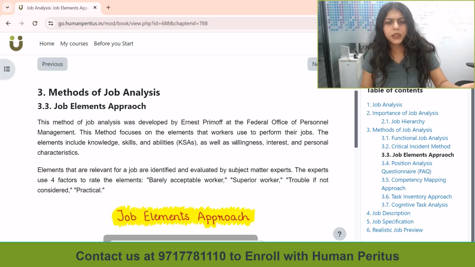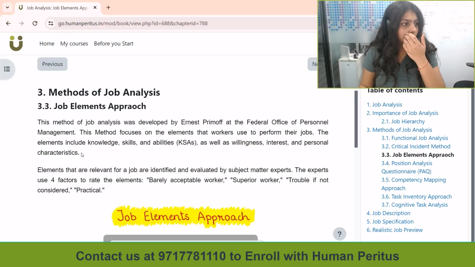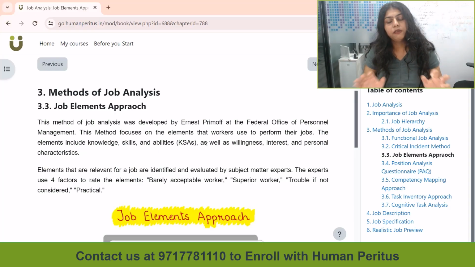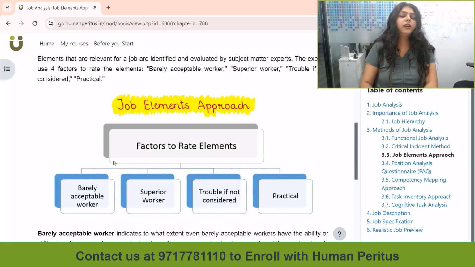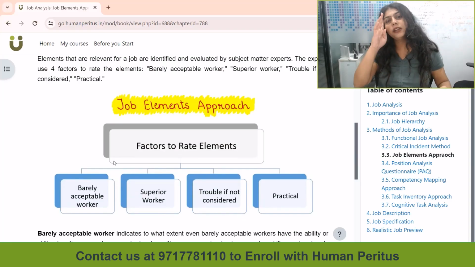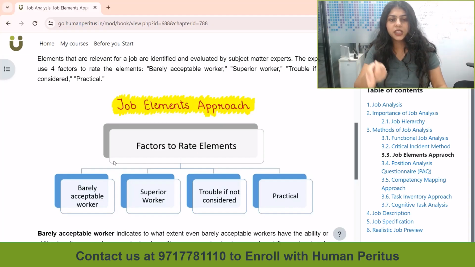Also, it could involve willingness, interest, personal characteristics. Now let's see the four factors or the four parameters that you could differentiate or distinguish them upon.